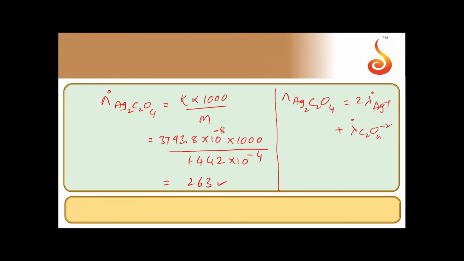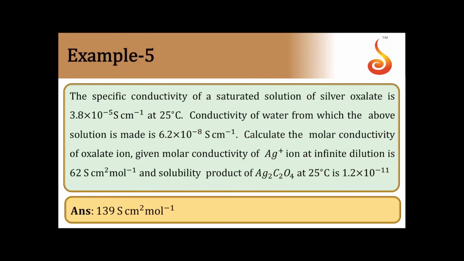This value we found as 263, and we have to find λ° of C2O4 2-. Therefore 263 is equal to 2 into 62 plus x. The value of x we have to find out. x is equal to 139. This is the answer we have. So 139 is the answer.